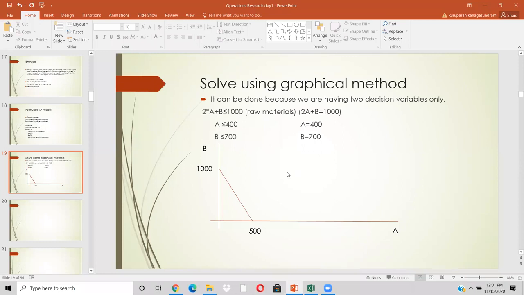How to find that? Left hand side of the line or right hand side of the line. How to find that?